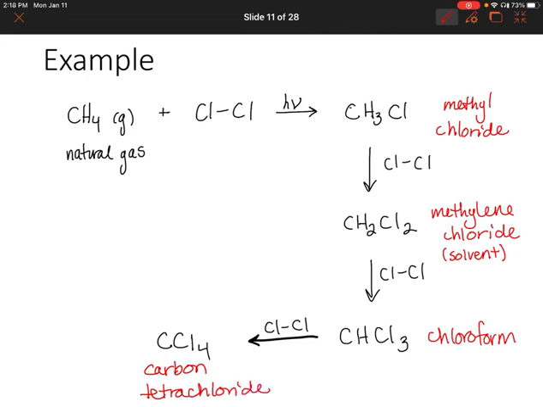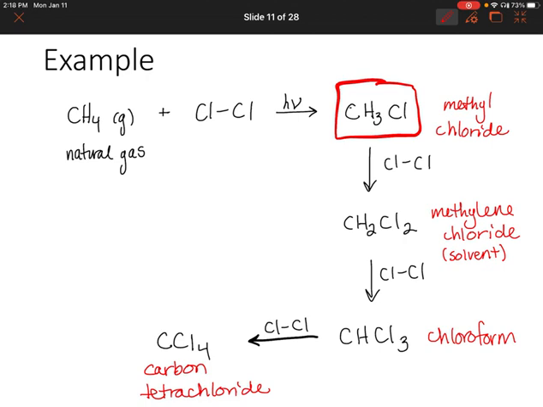So typically, chemists will control the amount of chlorine in their reaction to make sure that we end up with the first product, methyl chloride. So they'll have an excess amount of natural gas and just a really small amount of chlorine, and that makes sure that we don't end up with our other products.